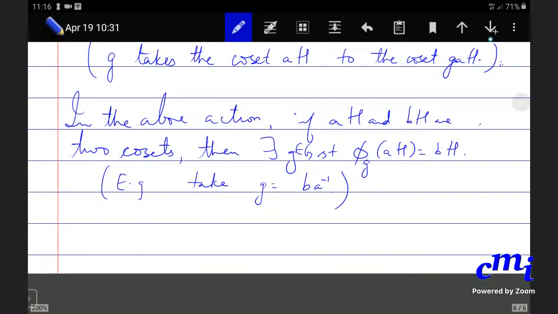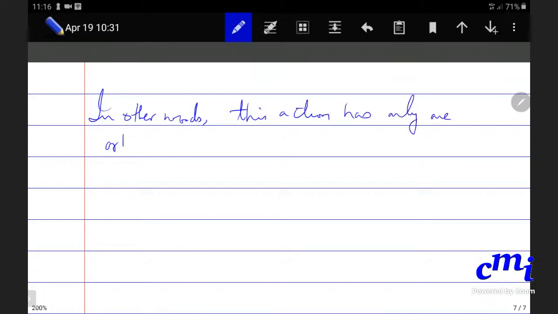So this action has only one orbit. That is, for all x and x prime inside X, x prime is in the orbit of x.